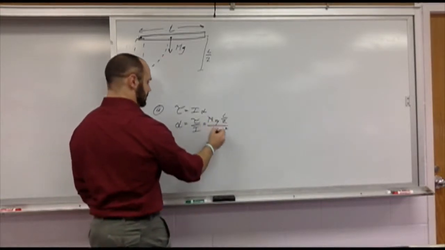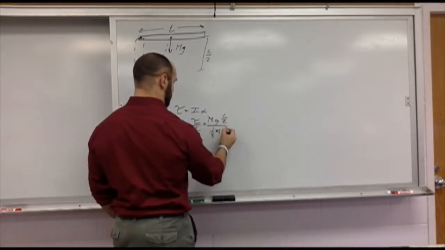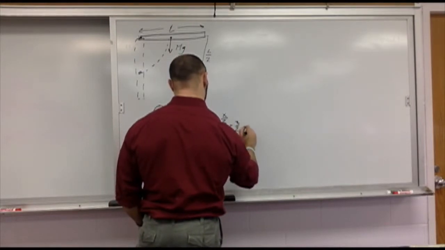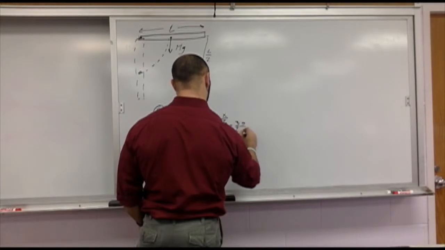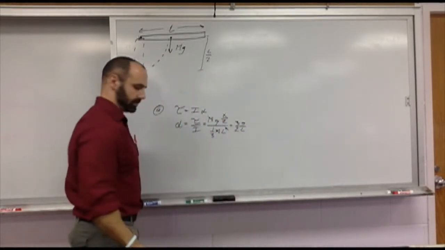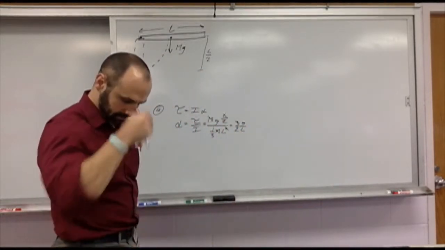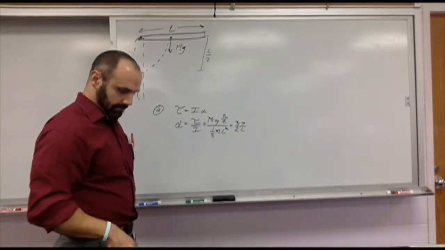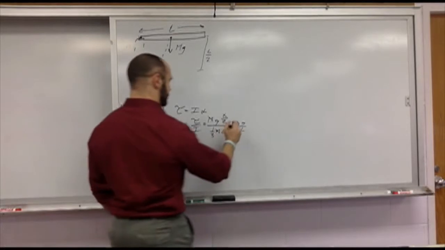And so one of these cancels out with one of these, and I'm left with 3 halves, 3g over 2L. Is that right? Yeah, 3g over 2L.